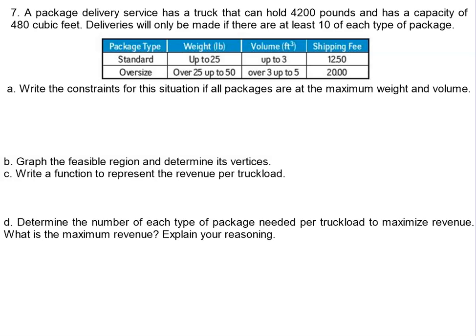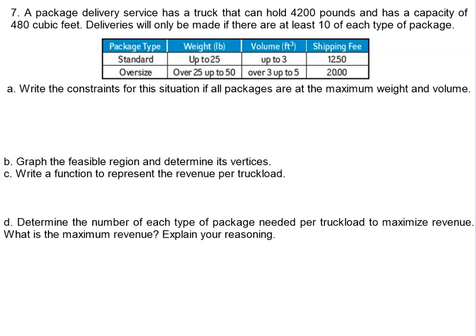Okay, so just reading through the 4 parts of this problem, kind of looking at the information that we're given, the first thing we're supposed to do, letter A, is write the constraints. And again, think of that as the limitations or the most we can do based on the equipment that we have.